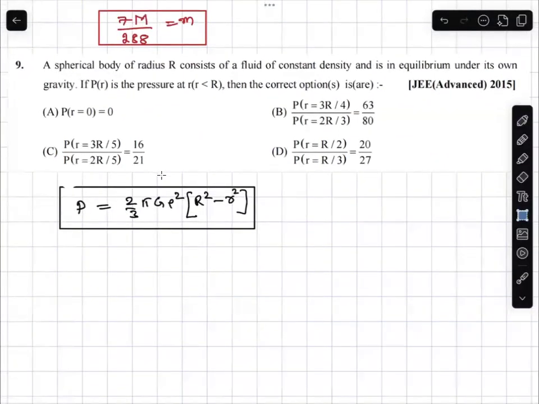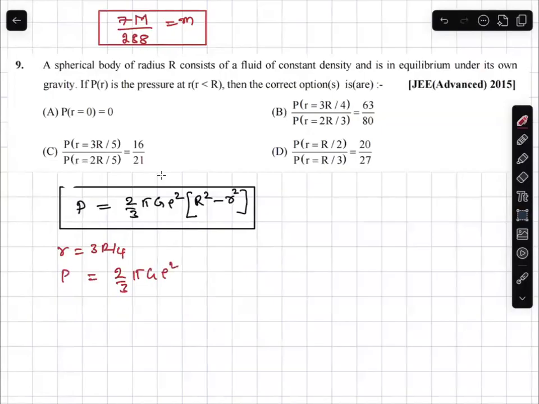Automatically, what do they want? A spherical body of radius R consists of a fluid of constant density in equilibrium under its own gravity. Then the correct options are P at r equal to, ninth question. You see, what were they giving? Now you take r equal to 3R by 4. Then what is going to happen? Just stay like this.